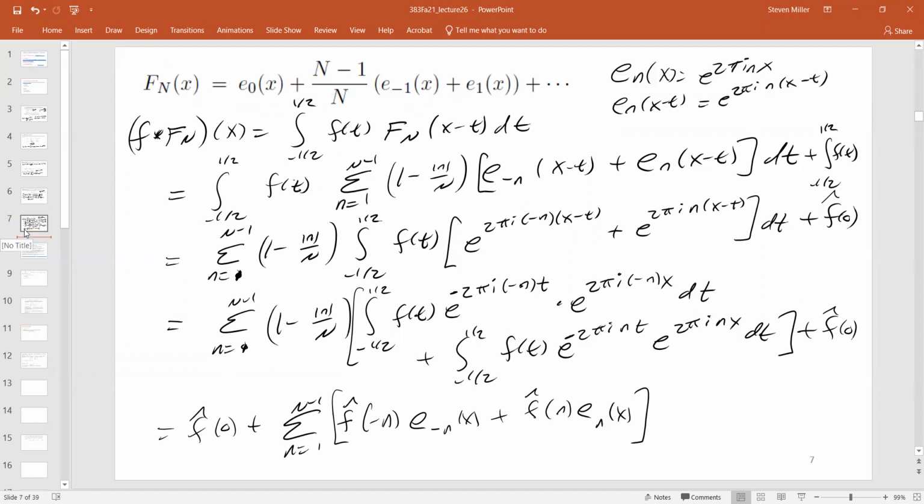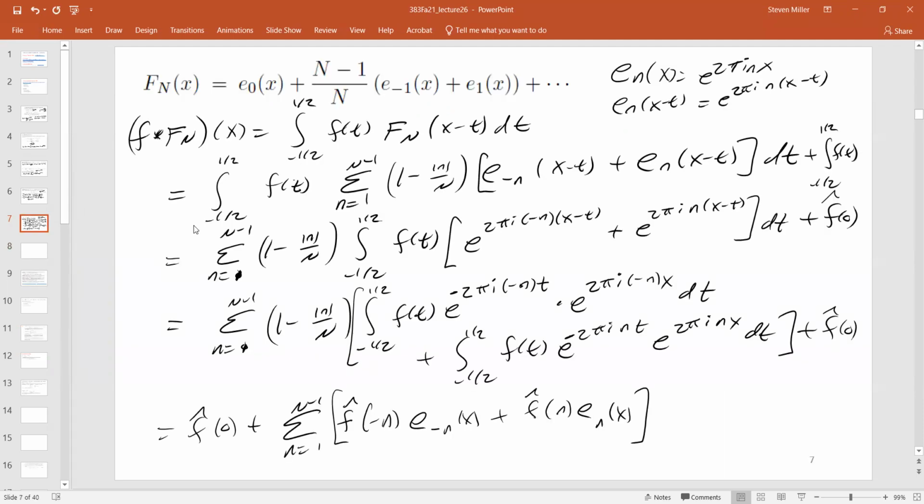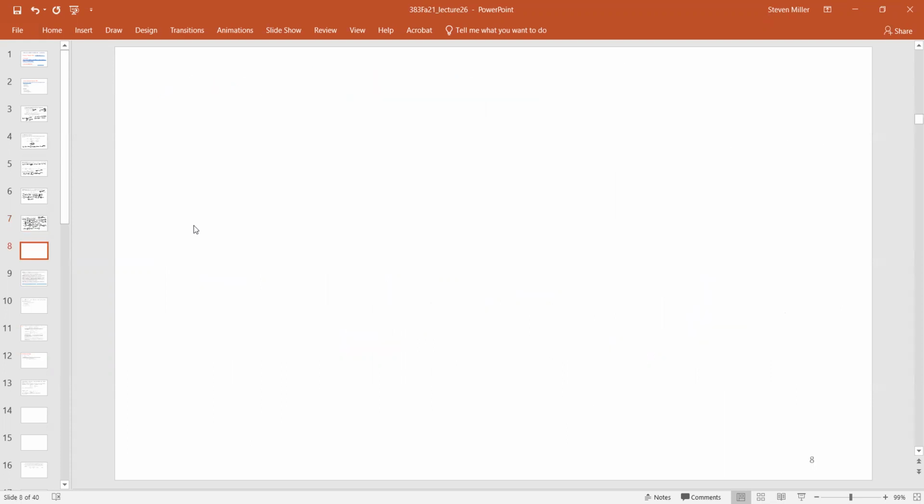So what we're doing here is by doing the calculation like this, we see that when we look at f star F_N, this is just going to be a weighted Fourier sum. We just have to be careful in terms of how we write things because of 0.